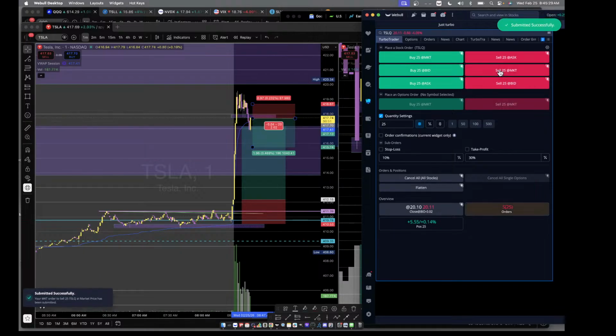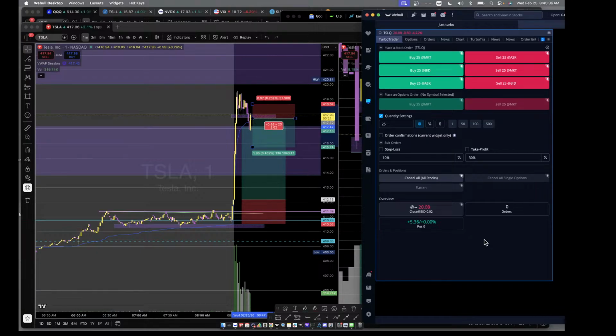There you go, I'm taking partials, I stopped out. And I think I used up all my account. Yeah, so I only have $400 left, 450 of settled cash.